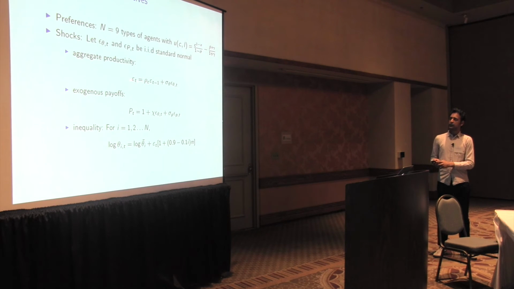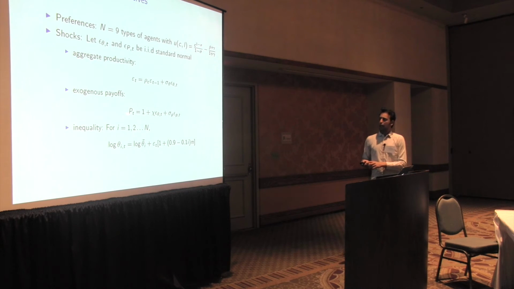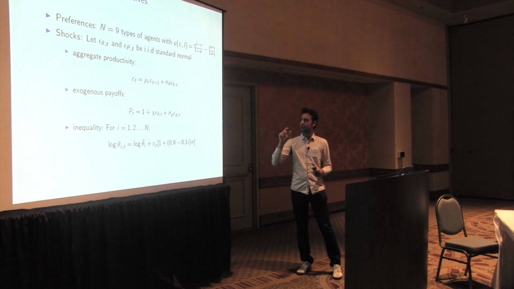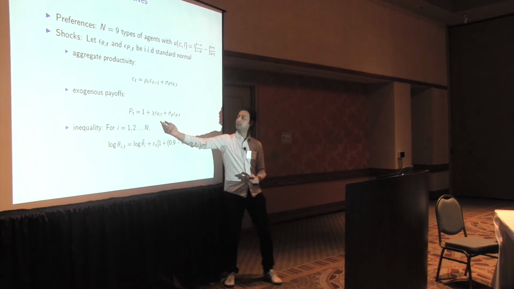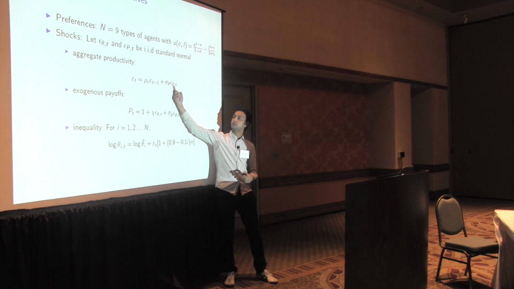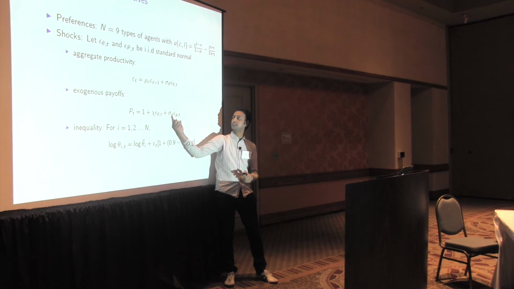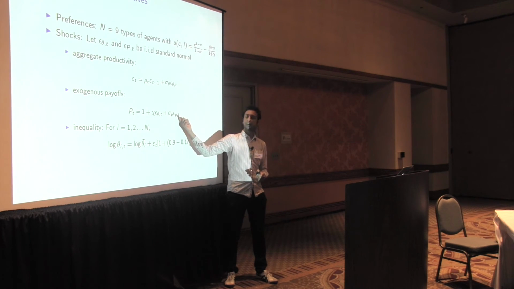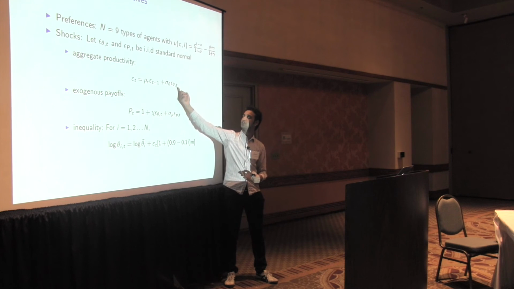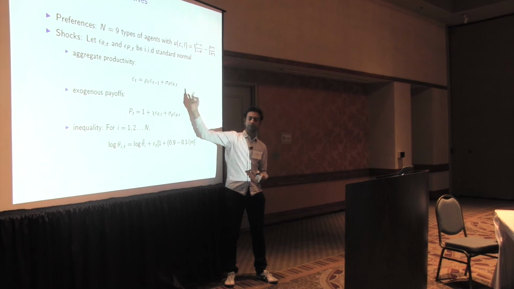The primitives would be, there is going to be a TFP shock, so now thetas are going to move around. The exogenous part of the payoff will have two components, as motivated by the orthogonal and the parallel component. So there's going to be a loading chi on the innovation to the productivity shock, and there's going to be a loading sigma p on a shock which is orthogonal to the fundamental shock.